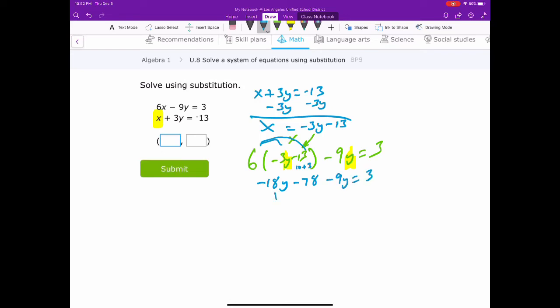We have like terms here and here. Folks, are these y's on the same side or on different sides? They're on the same side, the left side. So we can combine these like terms to become negative 27y.